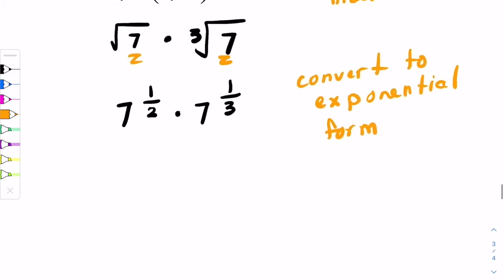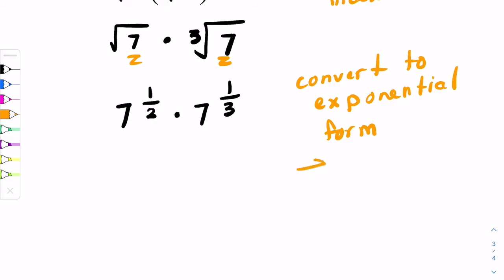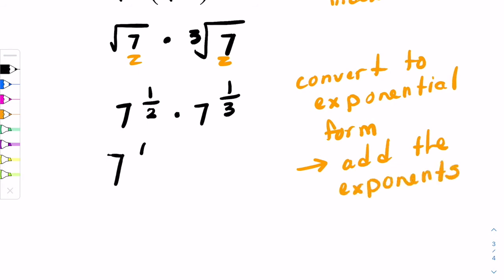Once you convert to exponential form, you can add the exponents. This would give us 7 raised to the power of 1/2 plus 1/3.